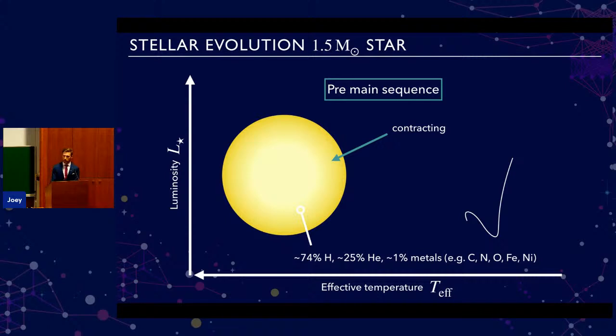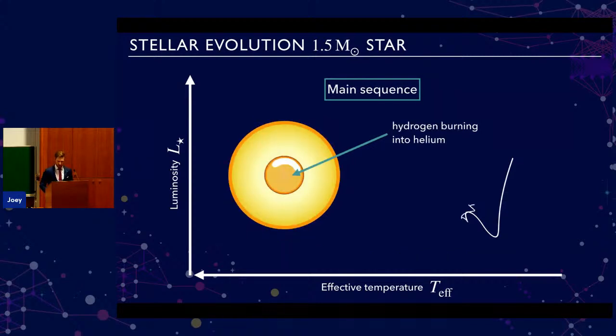Just like all stars, they form from a molecular cloud when it contracts under its own gravity. So it moves down in the Hertzsprung-Russell diagram. At some point, the material becomes opaque, and then it moves to larger temperatures. And when stars form, they are about 3/4 hydrogen, 1/4 helium, and a tiny fraction of what we call metals, so everything heavier than helium.